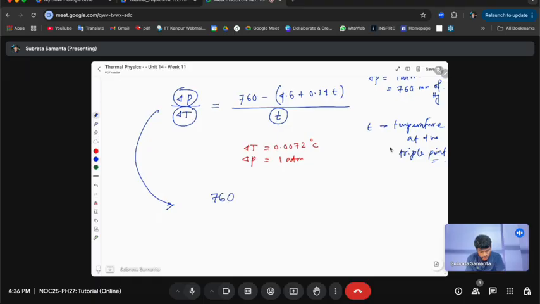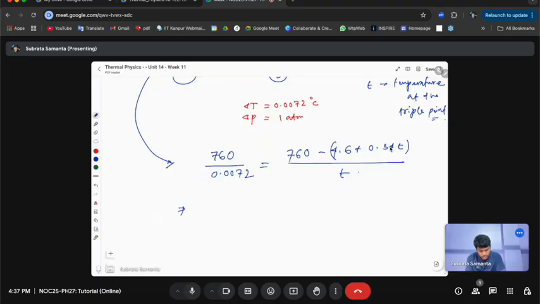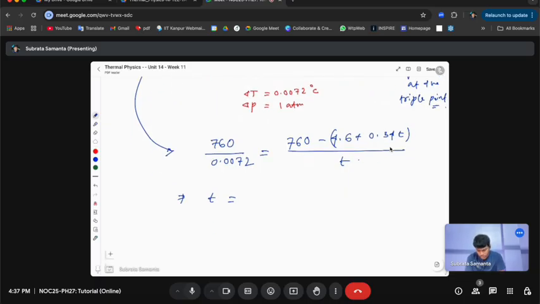So 760 over 0.0072, in degree centigrade, equals 760 minus 4.6 plus 0.34 times T, over T. So now T, the temperature at the triple point, equals 0.0072 times 755.4 minus 0.34 times T, over 760.